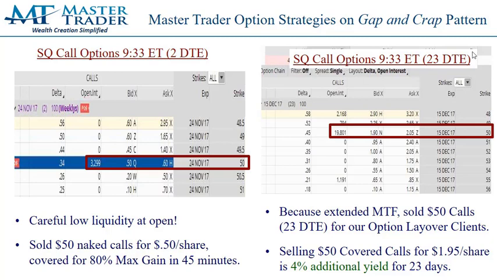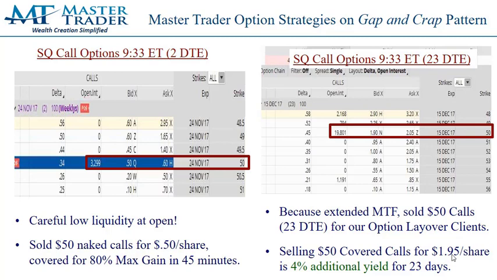For longer term, this is what we did for our option layover clients, because it's extended on multiple time frames. Depending on the risk parameters of each particular hedge fund, family office, etc., that we help out with this consulting service, they might want to sell the at the money $50 calls. And the math on that is, let's say you got filled at 5-cent price improvement, you got filled at $1.95.